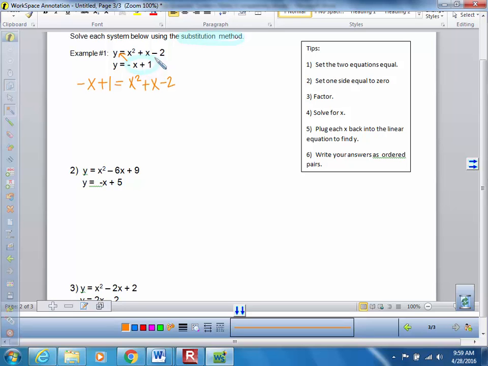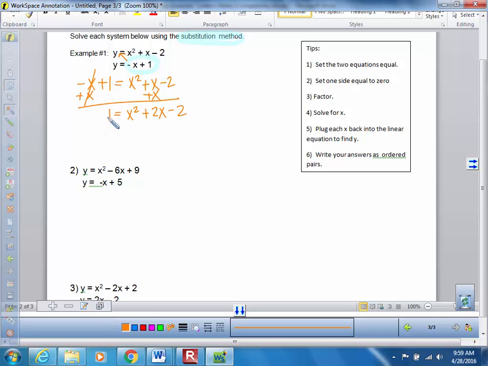Now, I want to get everything on the same side. So let's move both of these things to the other side. If I move negative x, how would I move negative x to the other side? You add x. So I'm adding x to both sides. You want to make sure you're combining your like terms. So this goes away. I'm left with 1 equals x squared plus 2x minus 2.